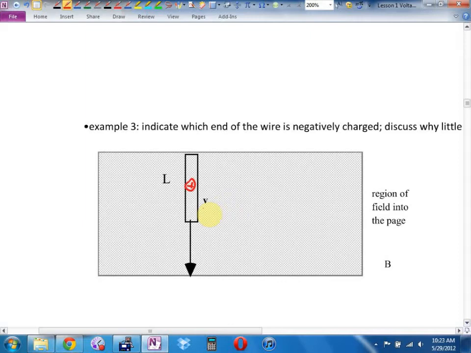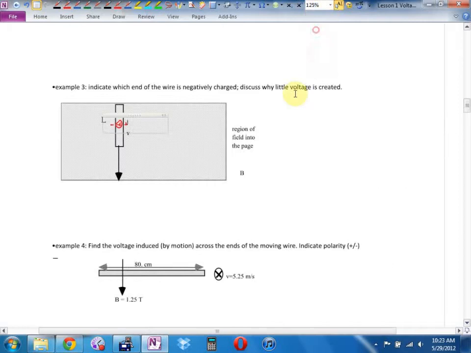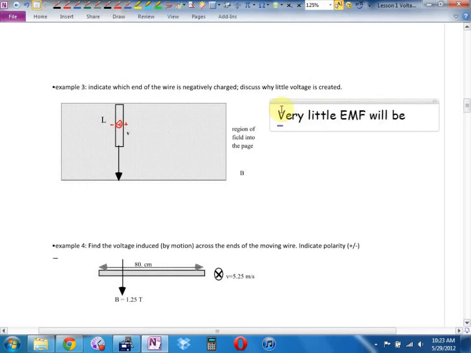You want the wire to be this way, and you can put some distance between them, and now they want to come falling back towards each other, and now you can get them to do some work. Okay? So this would become positive, this would become negative, but there's so little distance between them, Andrew, that, nah. Very little EMF will be induced.